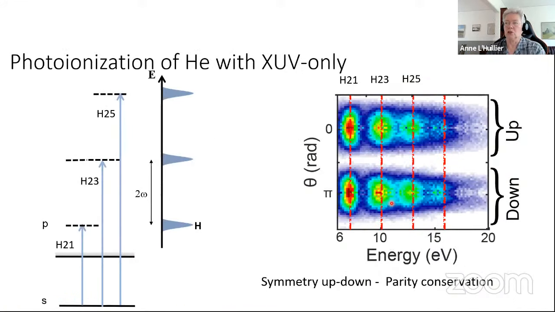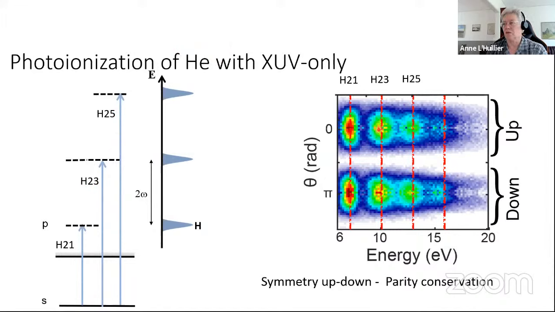So first, let me show you the results with XUV only. And here what we have is the photoelectron spectrum as a function of energy and angle. Here we use harmonics generated in argon, and we photoionize helium.